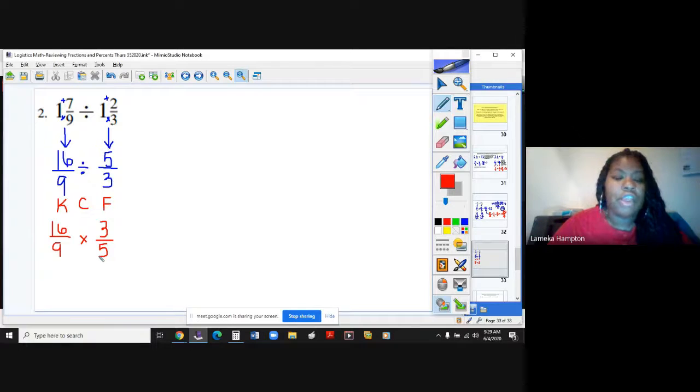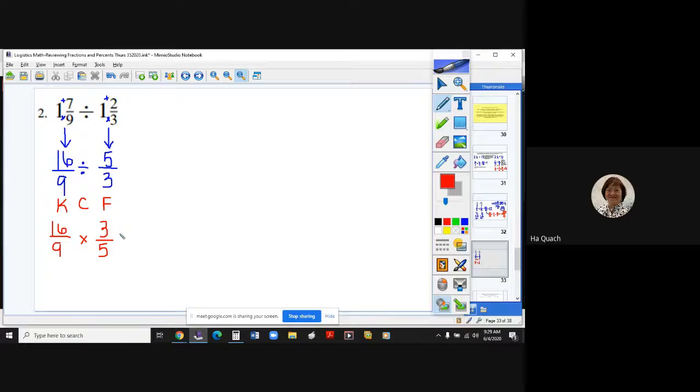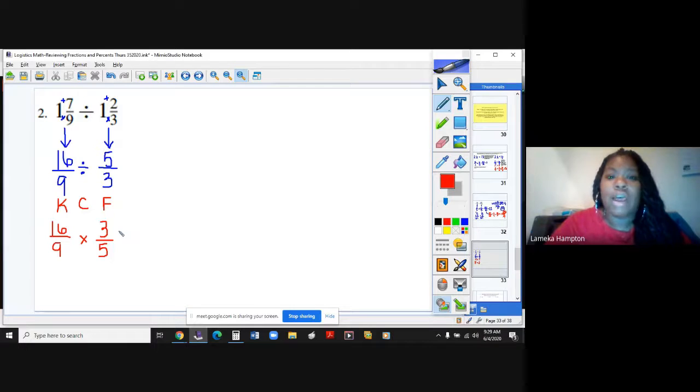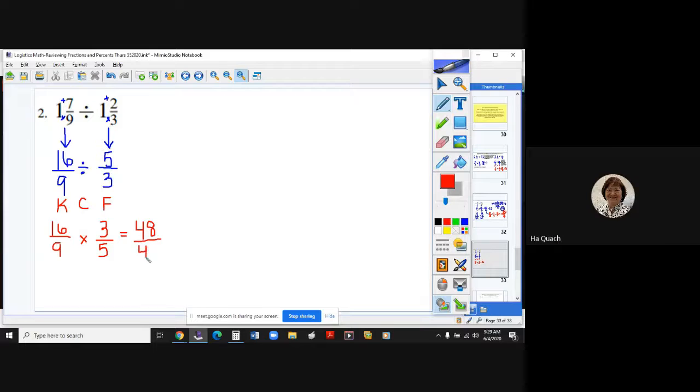Okay. Now, again, what I'm simply going to do now is multiply, because now I have a multiplication problem. So now I'm going to say 16 multiplied by 3, and that gives me 48. Then I'm going to multiply 9 times 5, and that gives me 45.